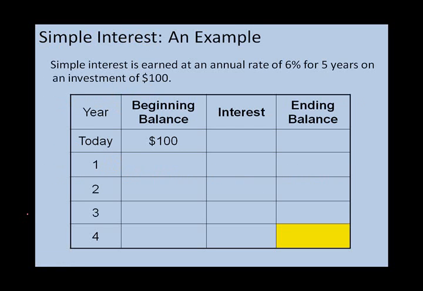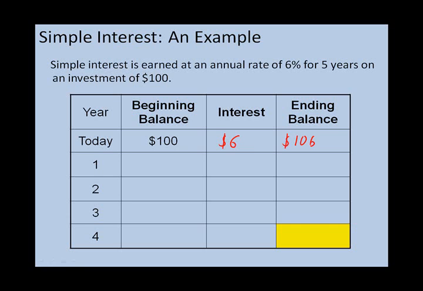First, we're going to consider simple interest. So you invest $100 at an annual rate of 6%, and this investment is going to last 5 years. After 1 year, you're going to get an interest payment of $6. So your ending balance is $106.